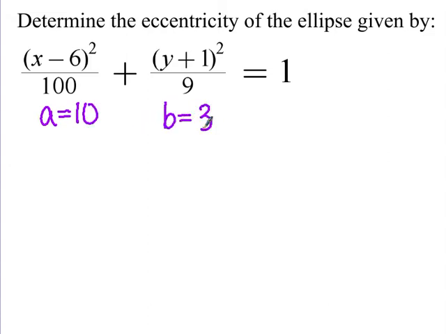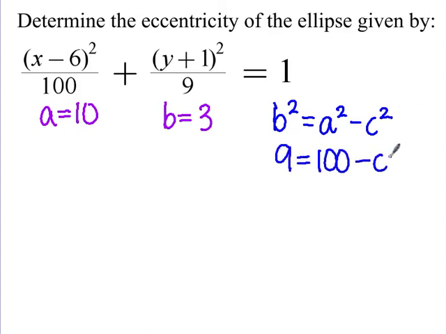So in order to find the eccentricity, I need to find C. So I'm going to use that formula that we had, B squared equals A squared minus C squared. I know B squared is 9. A squared is 100. And I need to figure out what C squared equals, actually what C equals. What does C squared have to equal in order for that to be true? Yep, C squared has to equal 91.